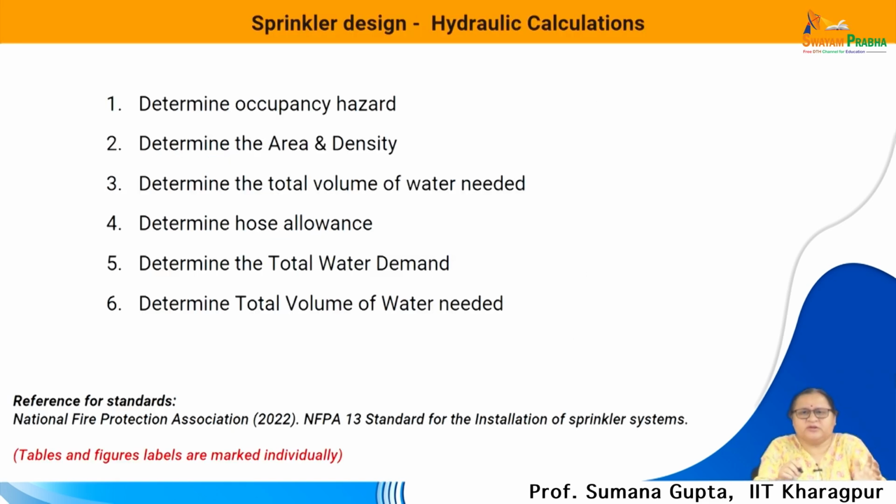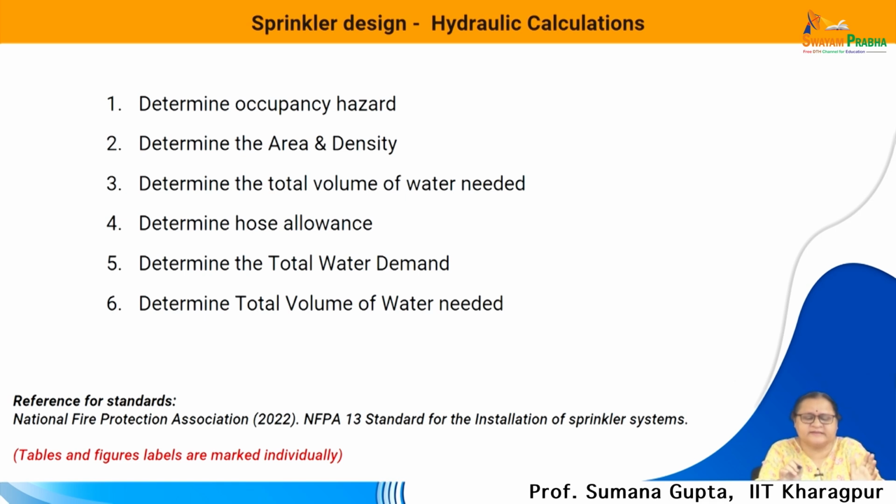So, let us look into the calculations for a sprinkler design. If it is not a very hazardous building, should we put a lot of sprinklers? No. There are mandates which are followed from the NFPA, the National Fire Protection Association, and from its standard the points are taken.